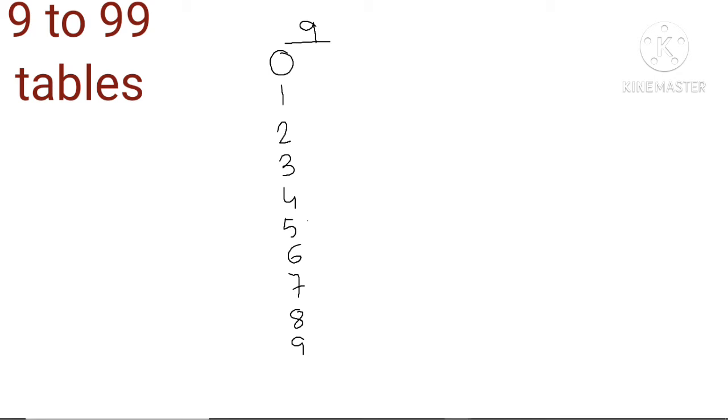And the same thing you write from downward: 0, 1, 2, 3, 4, 5, 6, 7, 8, 9. That's it. So this is your 9th table. I hope it is very easy. You all will remember this one. Okay. So let's do now the other tables.